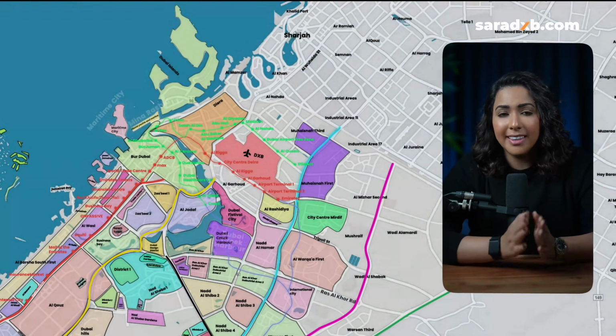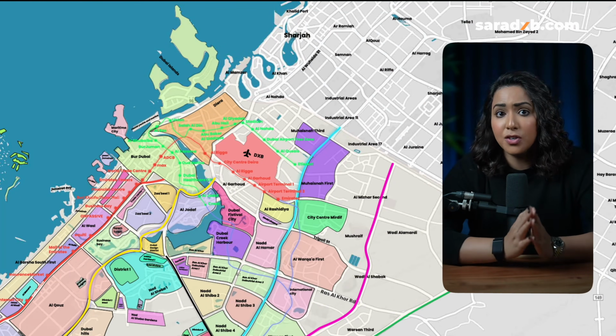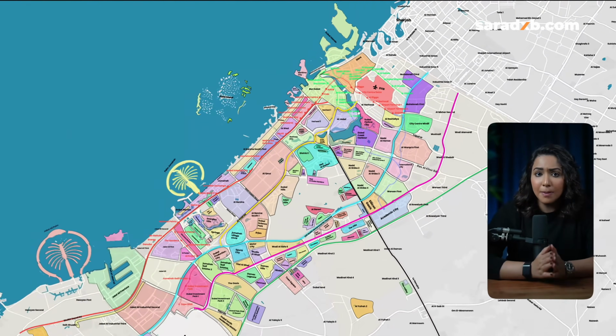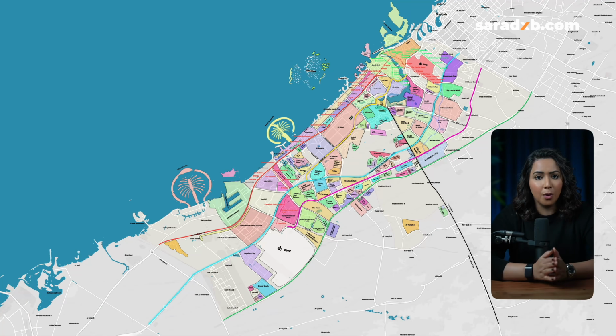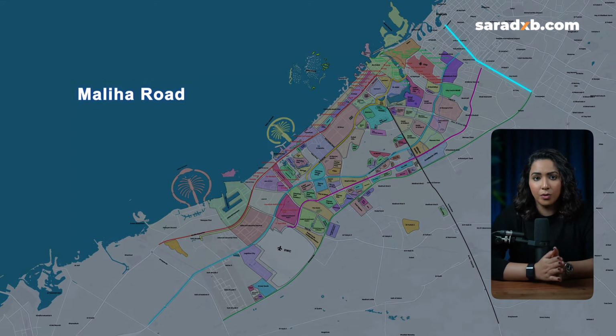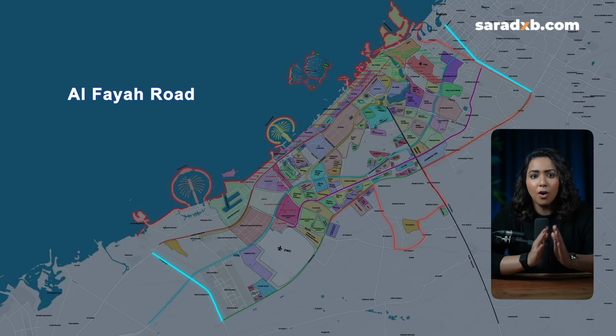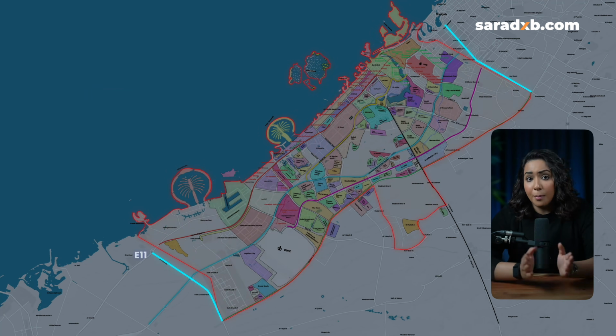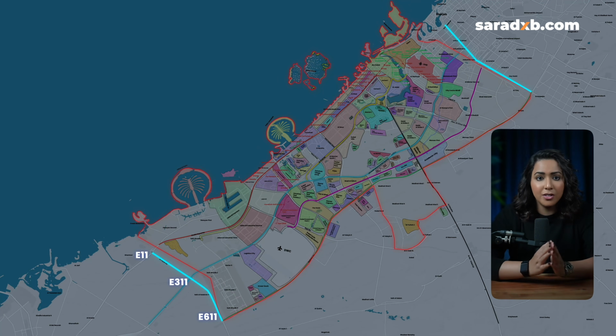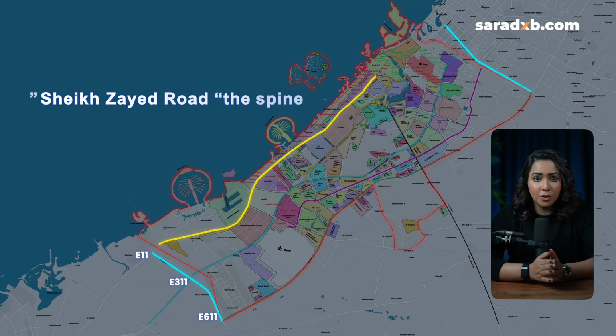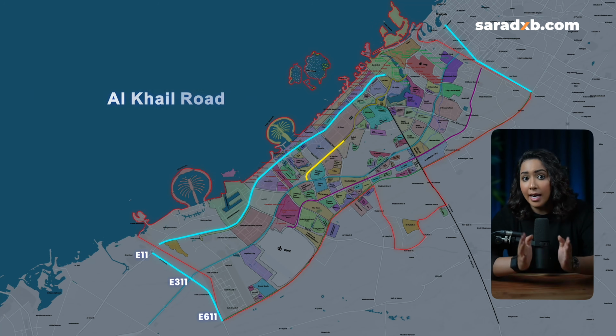As Dubai grew, it didn't grow randomly. The expansion followed the infrastructure. Dubai is built around main roads and connecting roads. First, we have Maleha Road, located in Sharjah, right at the border between Sharjah and Dubai, along with Al Fayah Road. From this point onwards, everything is Dubai. Now, the main roads in Dubai are the highways that move around the city and connect to major areas. We have Sheikh Zayed Road, the spine, and then we have Al Khail Road.